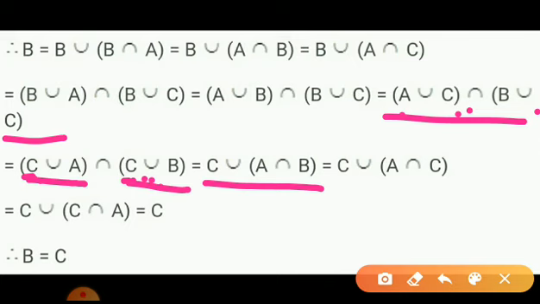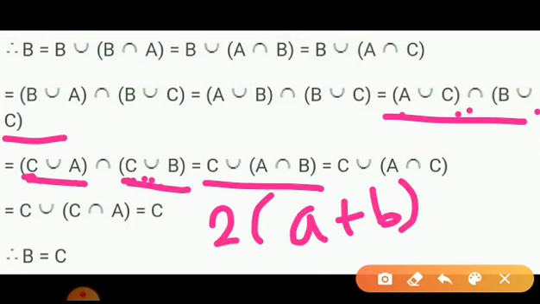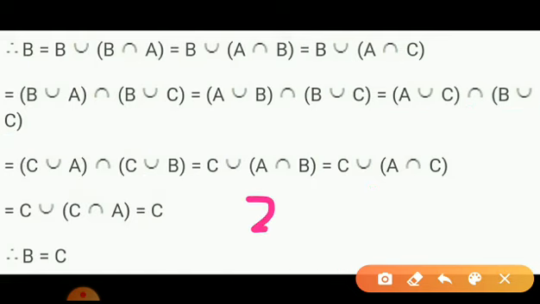See, if it is 2 into (A plus B), what do you do there? Is it 2A plus 2B? Yes, I am multiplying 2 to A, then plus 2 into B. If you have been given 2A plus 2B, what will you do?